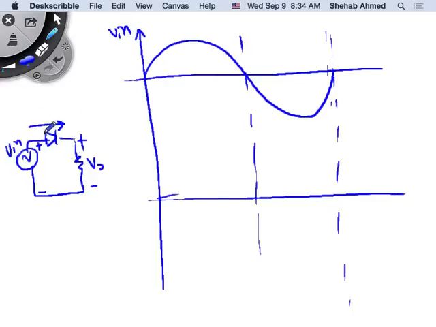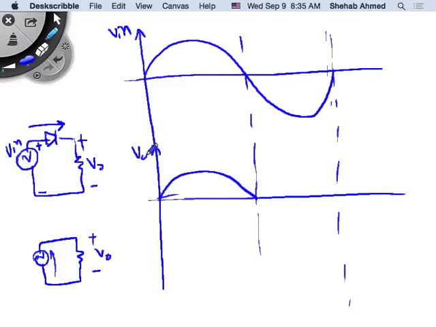If there's a condition for positive current to flow, then this diode will conduct. Right? So the diode conducts, and the circuit looks like this. It's a short circuit. It's an ideal device. So what does the output voltage look like in the positive half cycle? It looks exactly like the input voltage, exactly the same. This is V output.